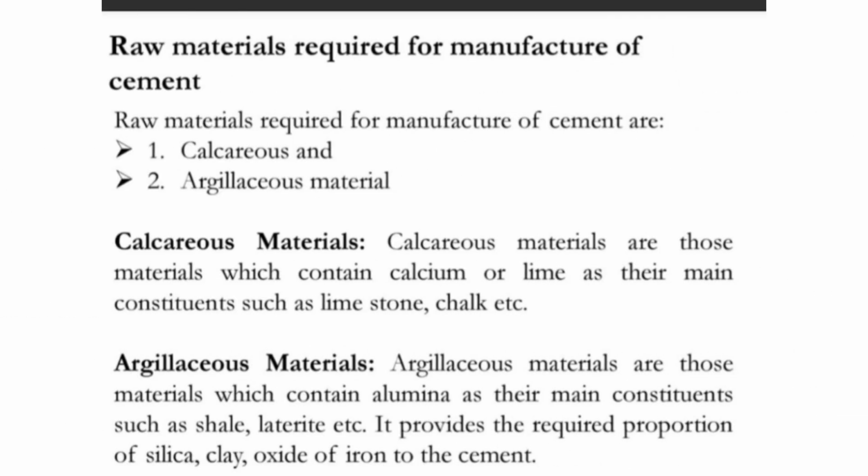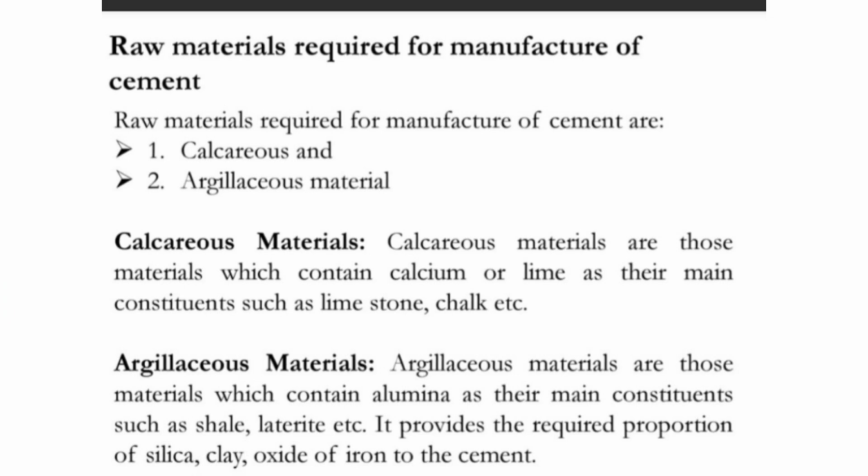So next we will see the raw materials required for making cement. So the main raw materials are calcareous and argillaceous material. Calcareous materials are materials which contain calcium or lime, for example, limestone, chalk.